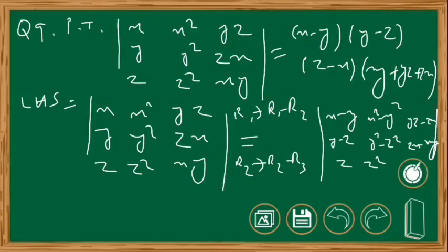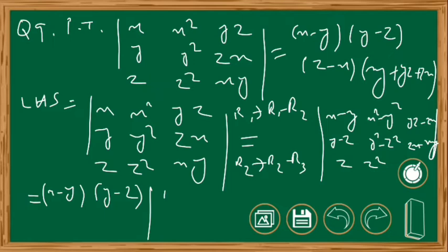Now that will be equal to, if I take x minus y common from the first row and y minus z common from the second row, let us see what I am left with.